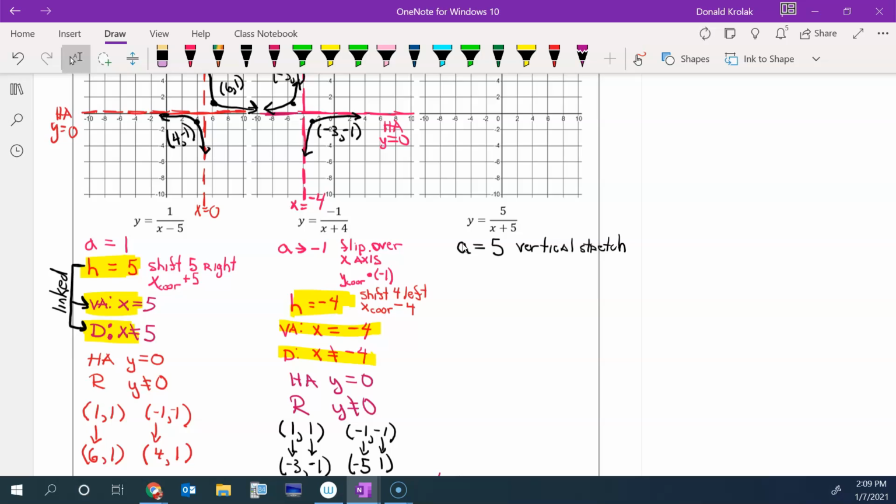And the way you do a vertical stretch is you just take the y coordinates and you multiply them by 5. And that's going to stretch it away from the x-axis. And then I don't have to worry about anything else with it. That doesn't affect anything else.